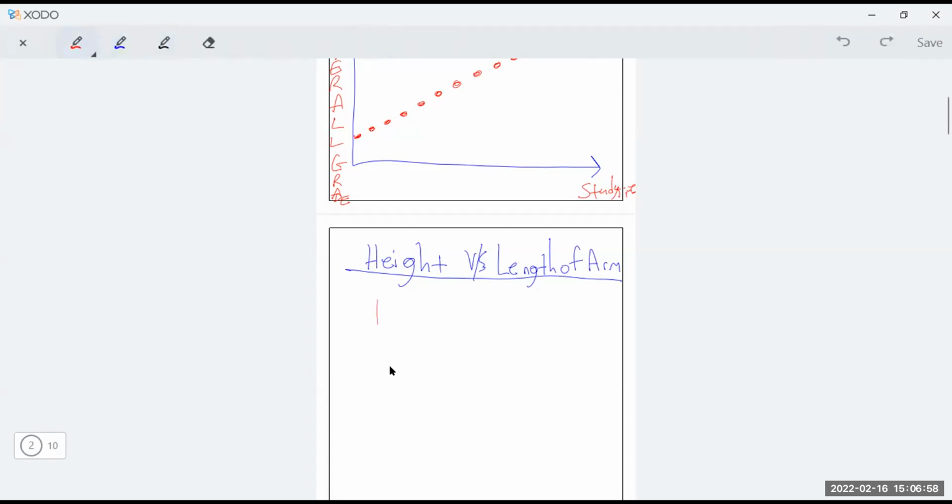But in a situation like this, Jamie, this is just hypothetically speaking. There could be a possible relationship between them. But maybe if you sample the first 20 persons, you realize that the person's height and the length of the arm, maybe you're getting a lot of data here. Then the next time when you sample more persons, you get here. Then another time you sample.